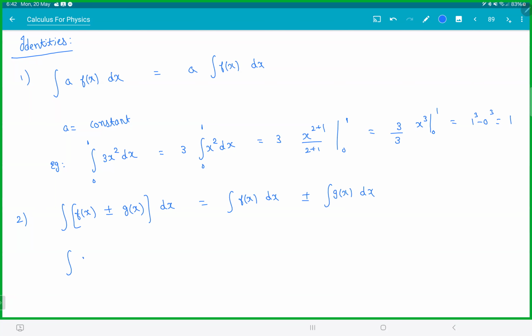So example, if someone gives you an integration like sine x plus cos x dx, you can just integrate sine x dx separately, cos x dx separately. You can just use the appropriate formula and finish it off. That's it. These are the 2 identities and the 5 results. If you know this much, you know the basic mathematical part of integration.